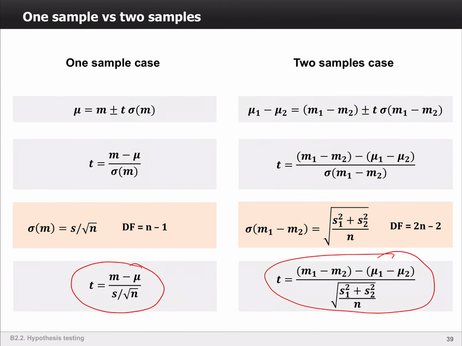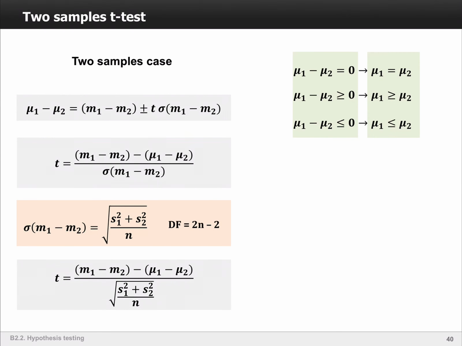We can actually simplify this by thinking of what kind of null hypothesis we may have in a 2 sample case. Well, we actually have 3 possibilities. We either assume that the population averages are equal, which means no difference between the populations. The alternative hypothesis in this case will be that they are not equal, right? μ1 not equal to μ2.